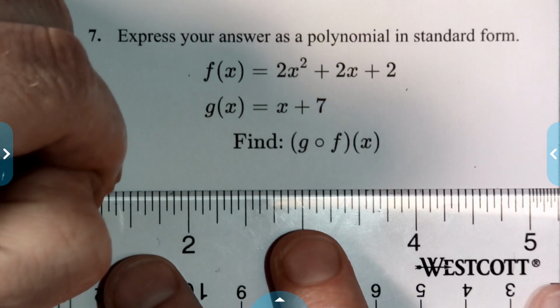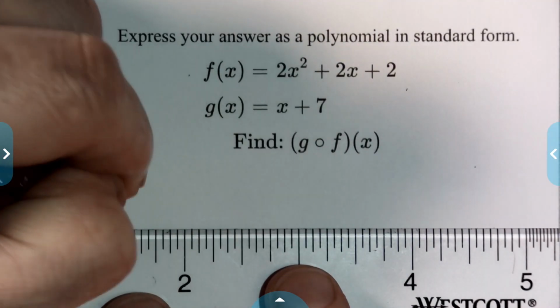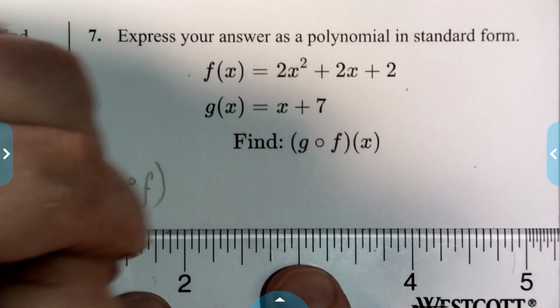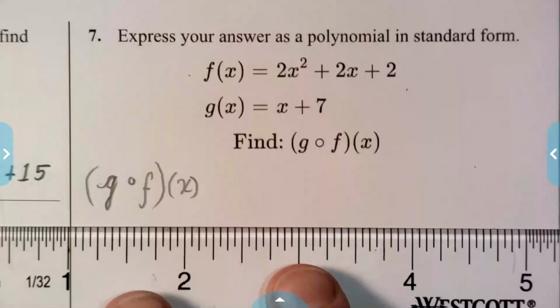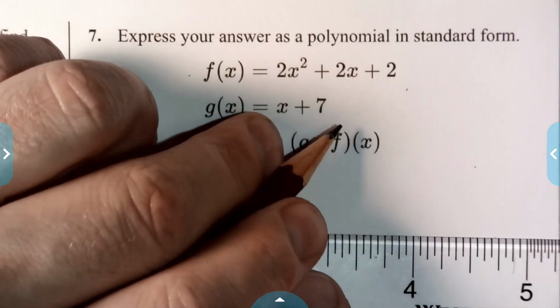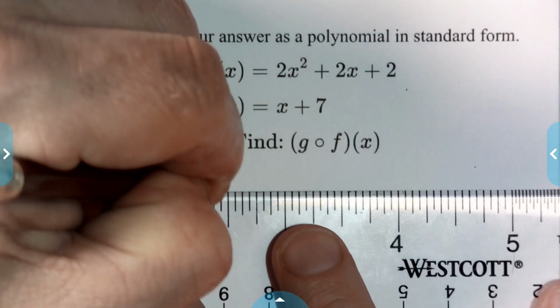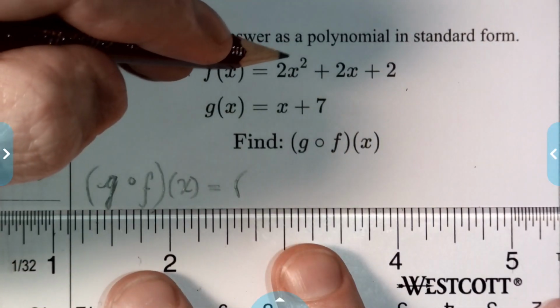So g of f of x. So here we're going to use g as our skeleton. So this is going to equal 2x squared.